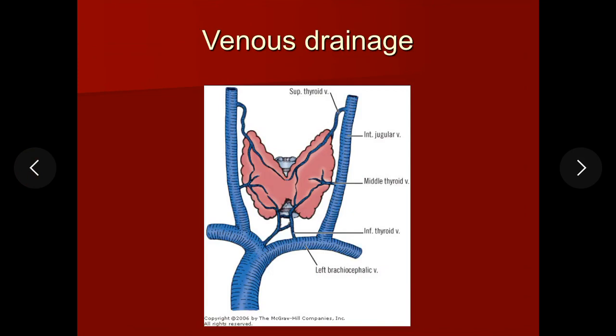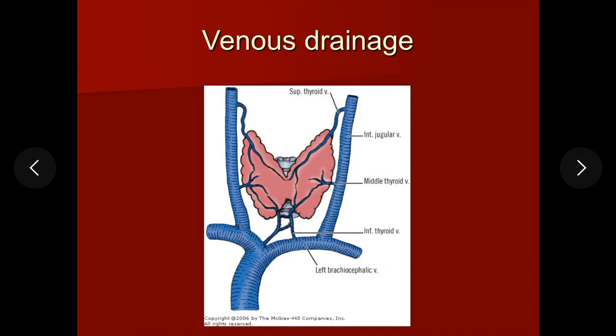Where did I mention its presence? I mentioned that the venous plexus will be lying just deep to the true capsule. That relation was really important.